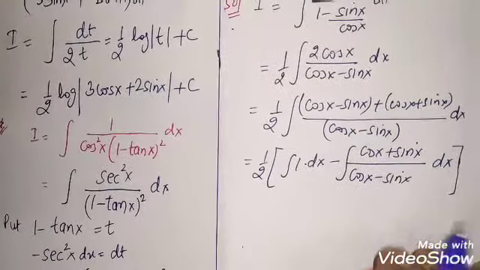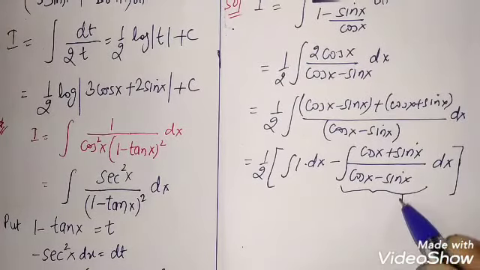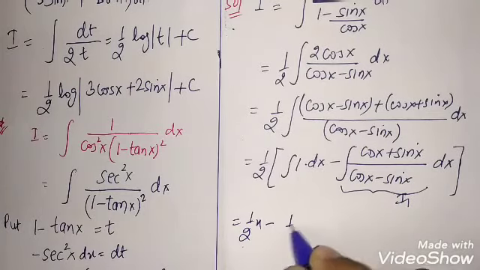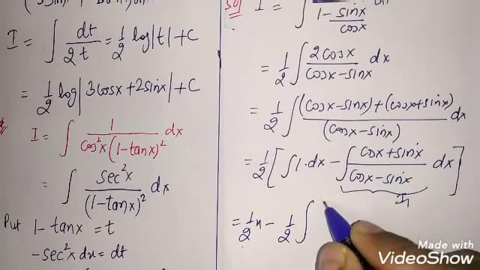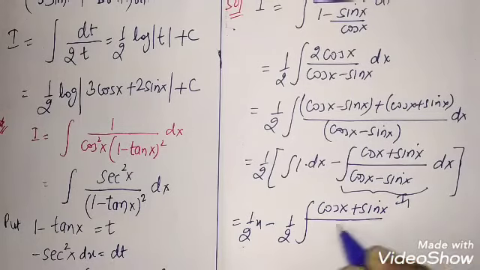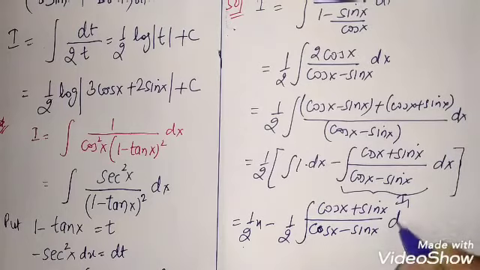This is I1, take it to be I1 always. Solve it separately. So 1 by 2 x minus 1 by 2, I am writing it again so that there is no confusion regarding the question, the integral of cos x plus sin x upon cos x minus sin x dx.